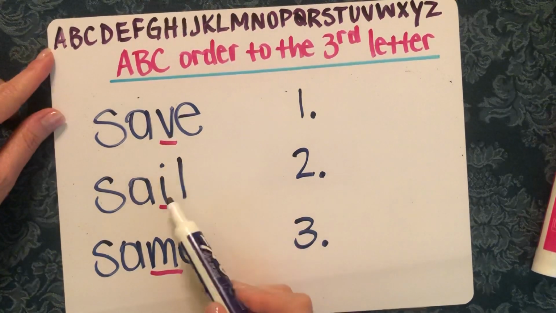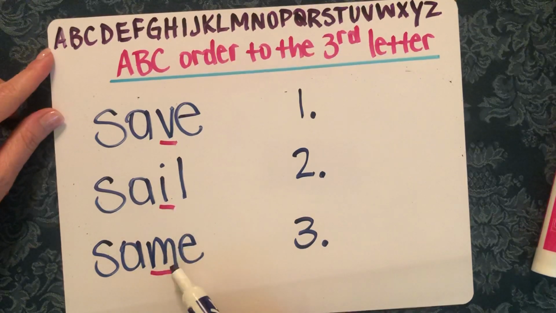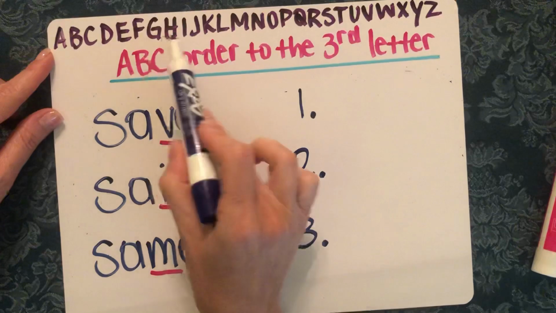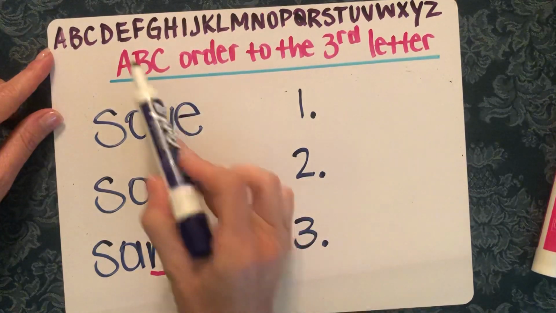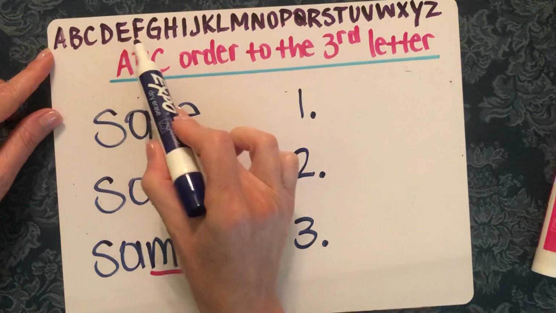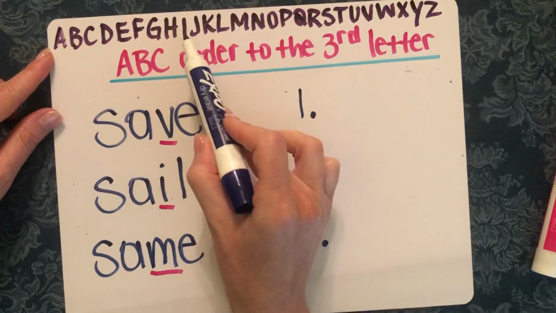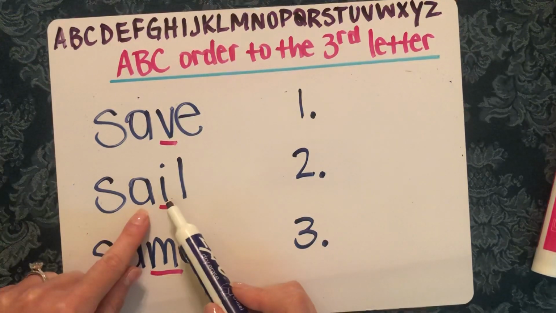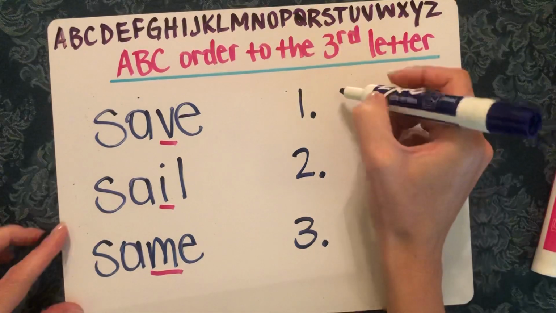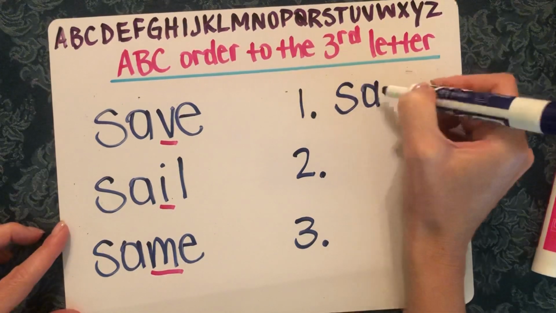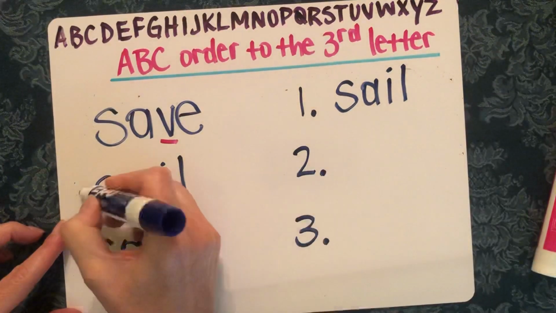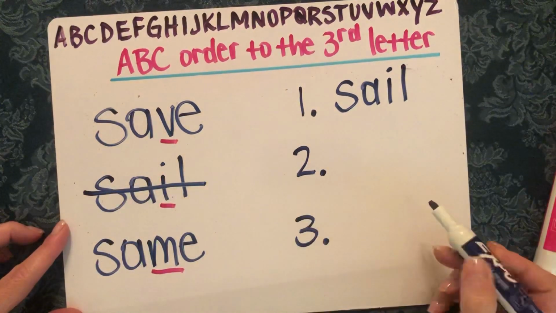Is it V, is it I, or is it M? If we look at our alphabet line, we can see in ABC order that A, B, C, D, E, F, G, H, I comes first. So our first word in ABC order is going to be the word sail. So I'm going to write sail, and then I'm going to cross it out.